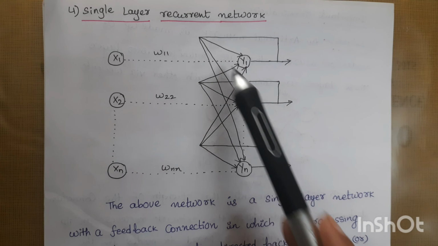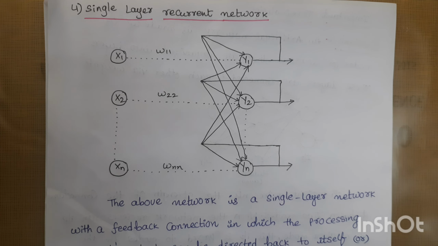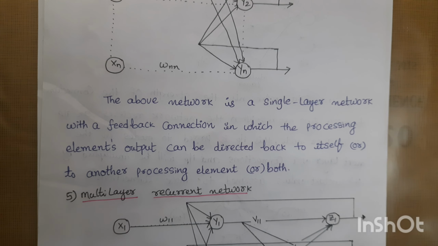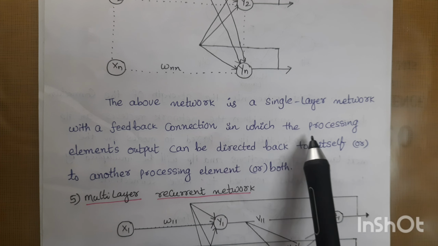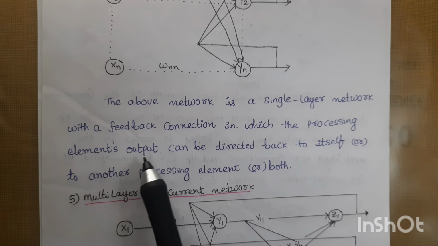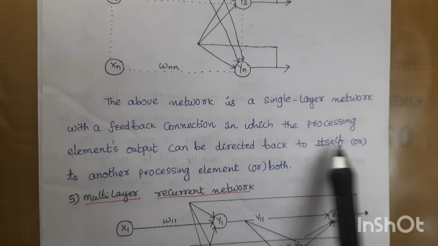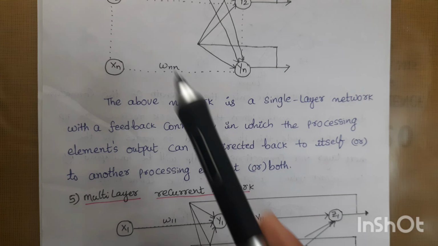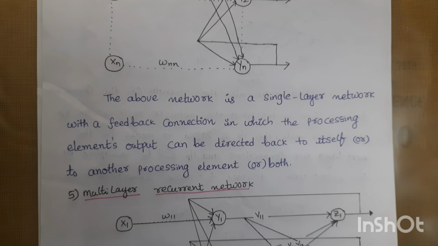So what is in the recurrent? It is going to generate loops. The network is a single layer network with feedback connections, in which the processing element output can be directed back to itself or to another processing element or both. So this is called a single layer recurrent network.